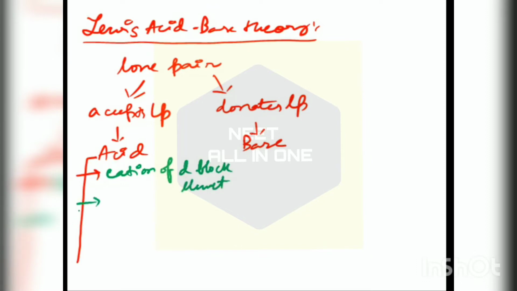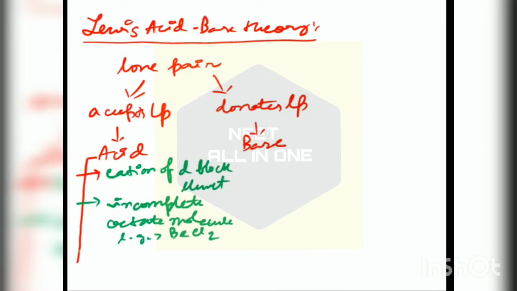Next is all molecules which have incomplete octet. Incomplete octet molecule. Example given is our BeCl2. Okay, we have all seen it in the chemical bonding chapter.